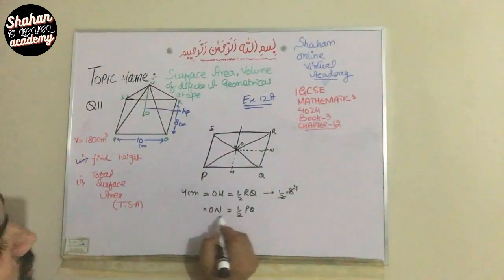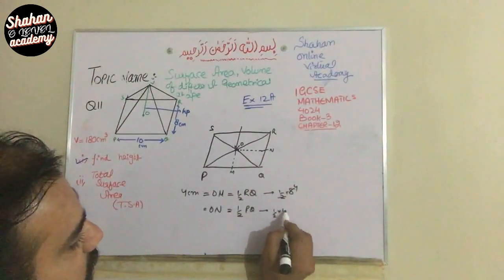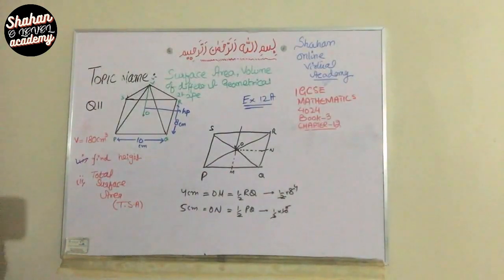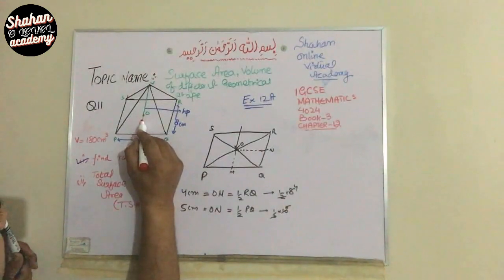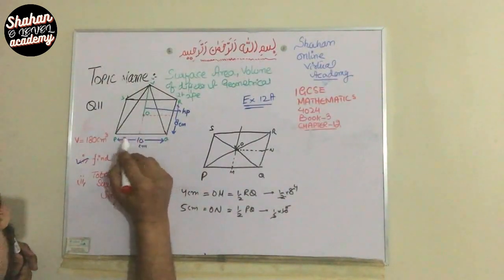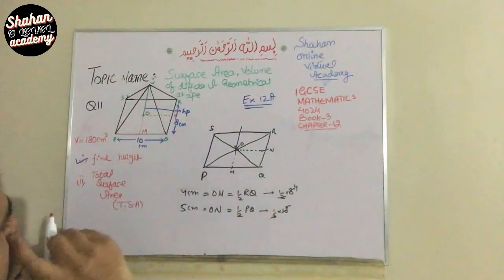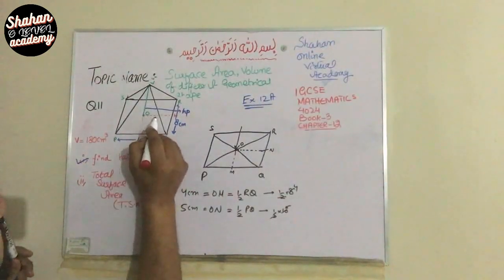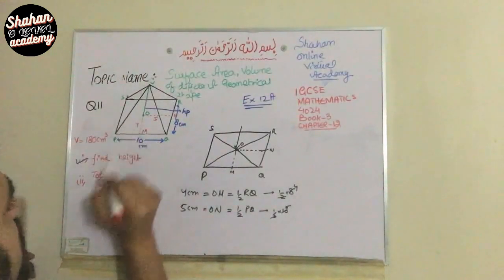And PQ is 10, so ON is 5 centimeter. So OM is the perpendicular, and ON is 5, while OM value is 4.